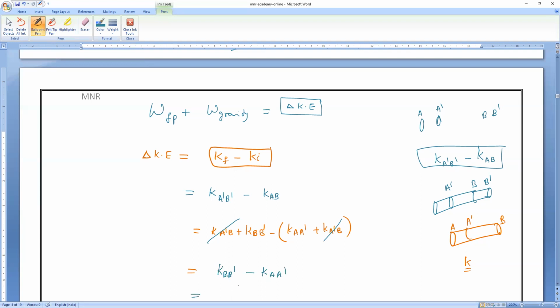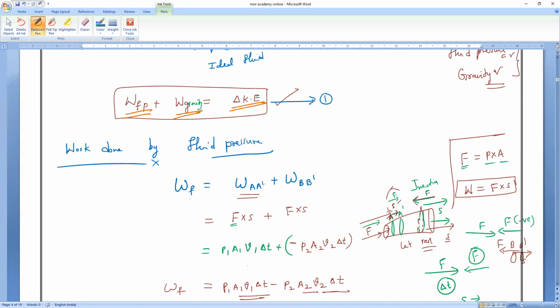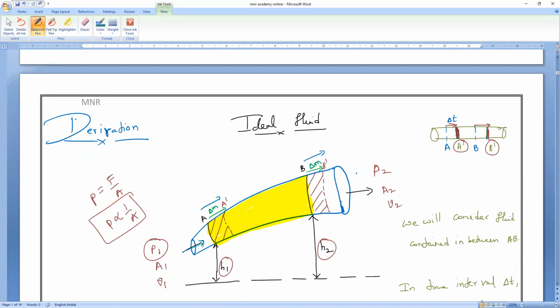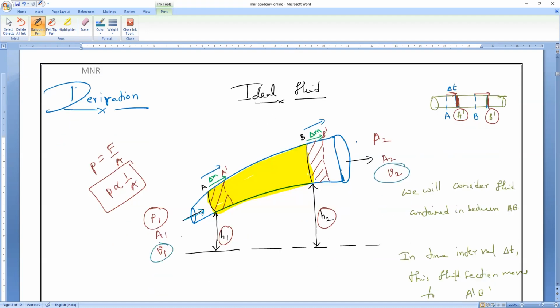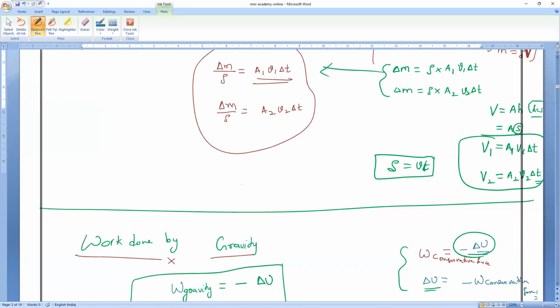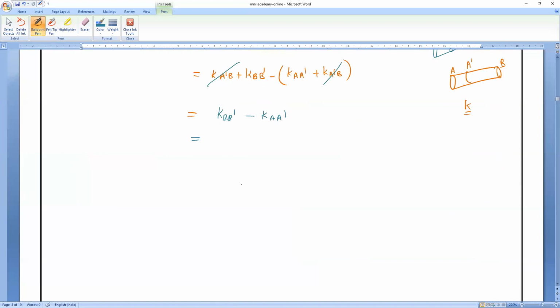What is the velocity at point A? V1. Velocity at point B? V2. What is the kinetic energy formula? Half m v squared. Here m is delta m, because delta m is the mass which is flowing.